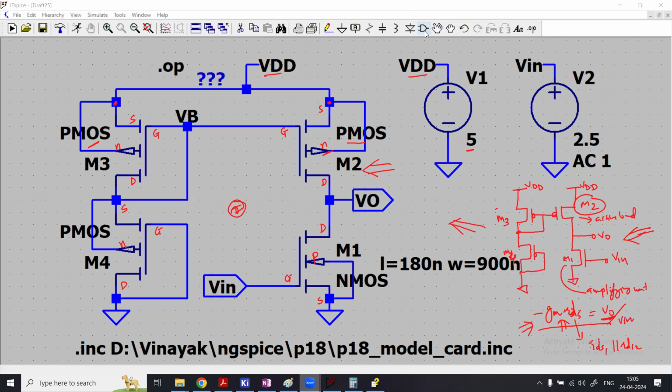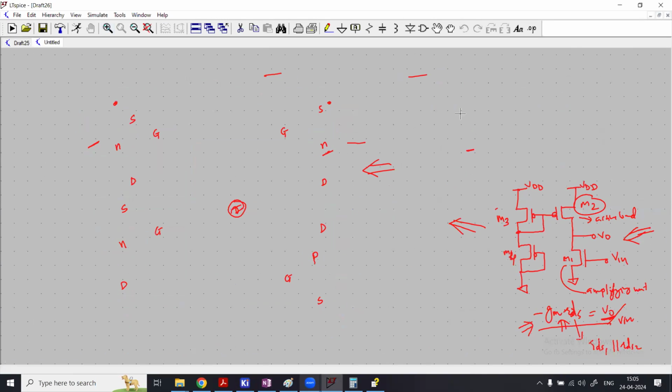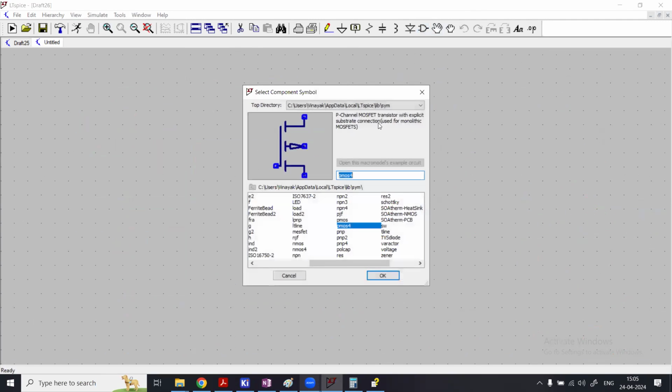We are using real parameters. First, when I open the net schematic, it was a blank schematic. Let me clear this drawing here. With this blank schematic, I use this component library where I can type PMOS or NMOS.